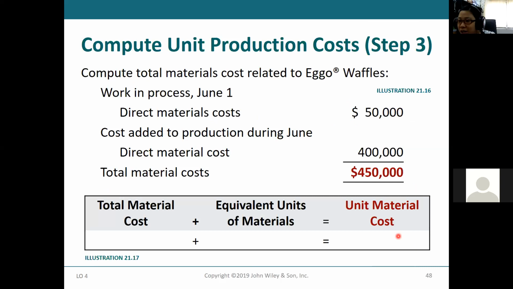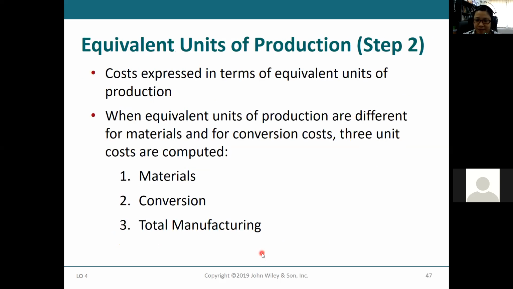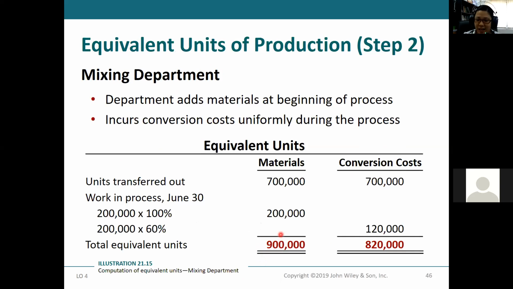So total will be 450. So I take total material cost 450,000 divide by equivalent unit of material. Do you remember how many equivalent unit of material we found just now? Is 900,000, right? Equivalent unit in terms of material is 900,000.